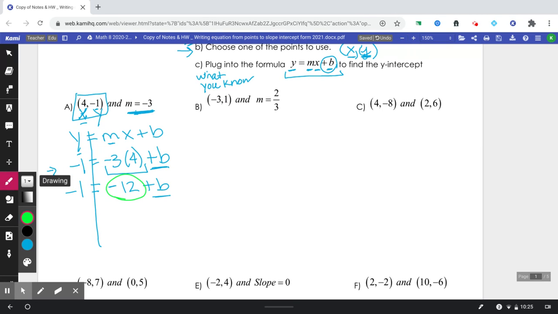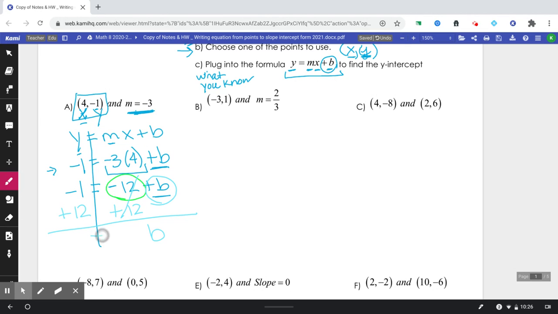And I'm going to do that by doing the opposite operation. I'm going to add 12 to both sides. That will disappear. What's left is my b. On the left side, -1 plus 12 will give me +11.